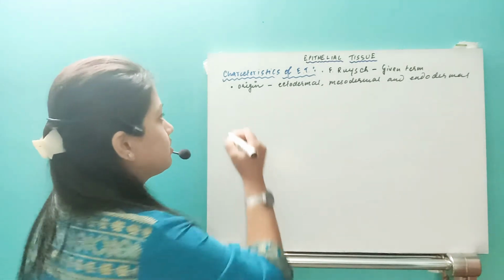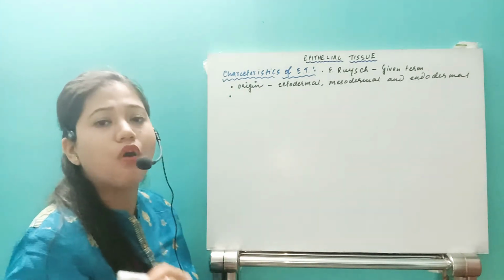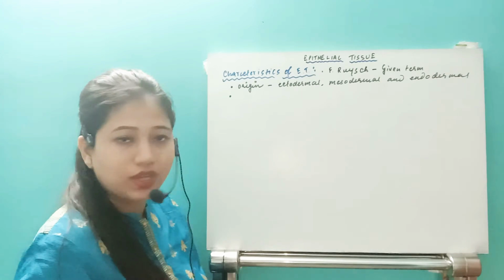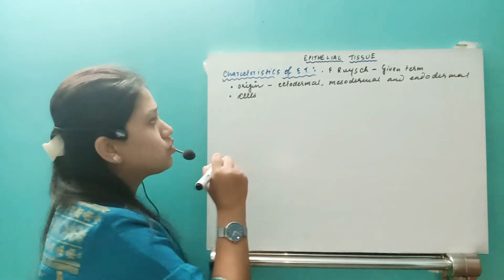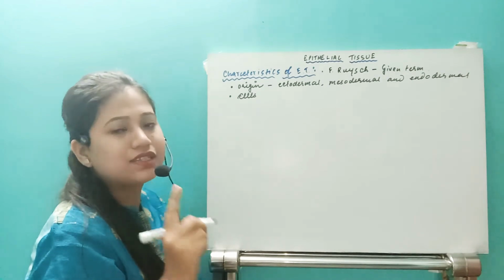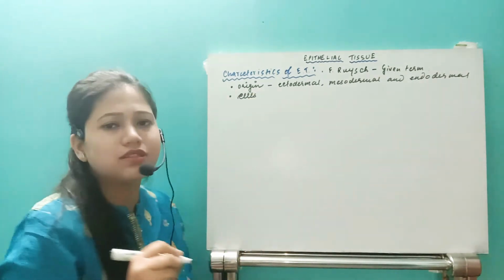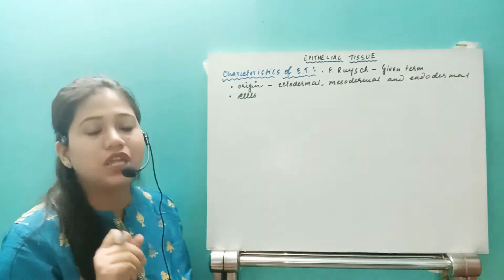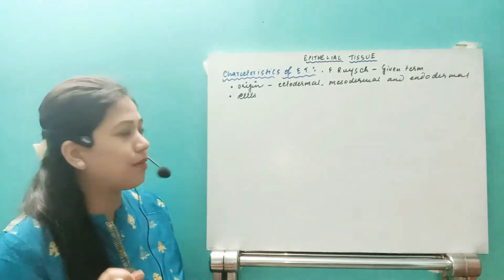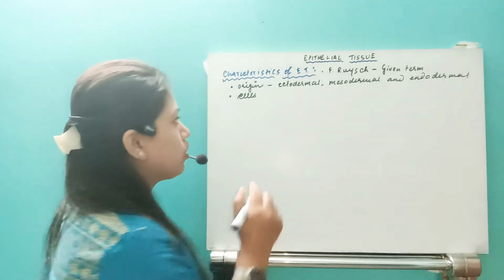Next characteristic: this type of tissue is made up of only cells. It is going to have very little intercellular space. Intercellular space means the space between cells; here the cells are present attached to each other, so that's why the tissue has very little space.